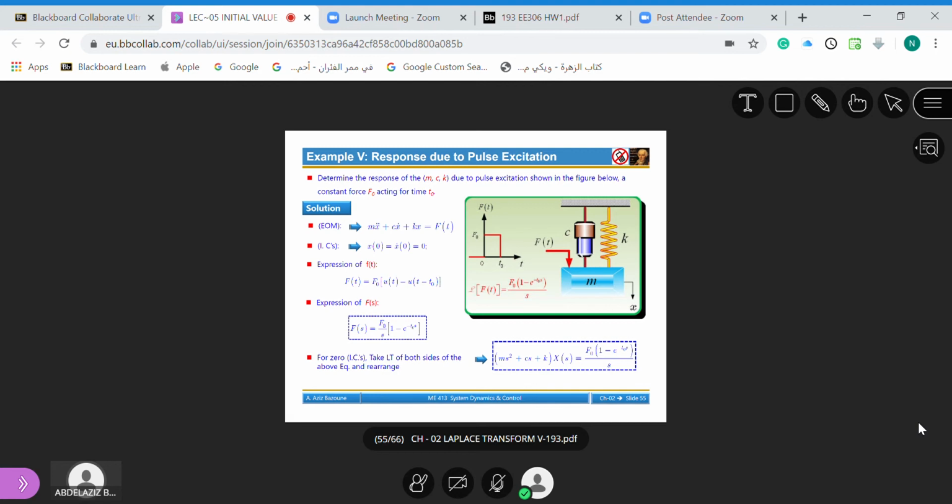Here we have another system, another problem: a mass spring damper system. We have the input to the system, or the forcing term, the right-hand side here, given by this function. This equation of motion is for the system shown here: mass, a damper, plus the spring.